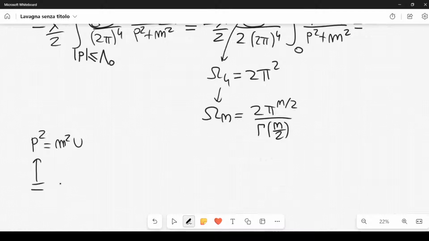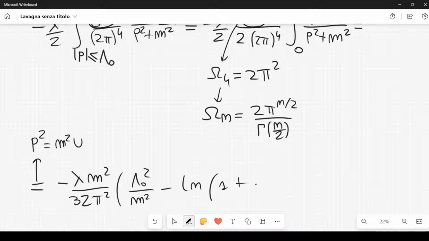What you are going to get is the following: minus lambda m squared divided by 32 pi squared, times lambda 0 squared over m squared minus the natural log of 1 plus lambda 0 squared over m squared, like this. Now you can see that we have a problem.